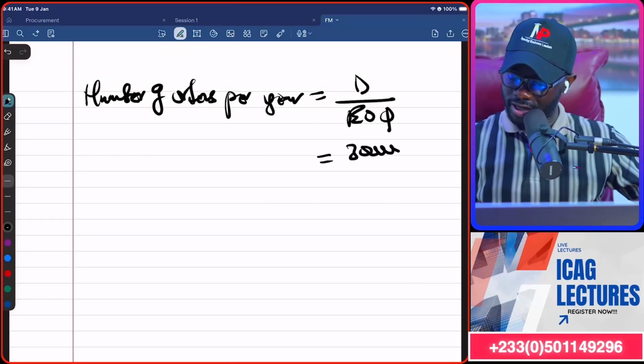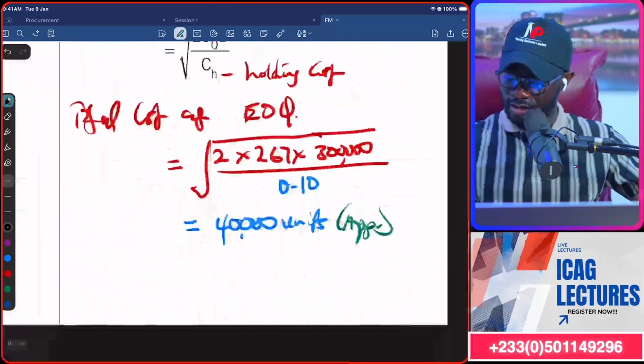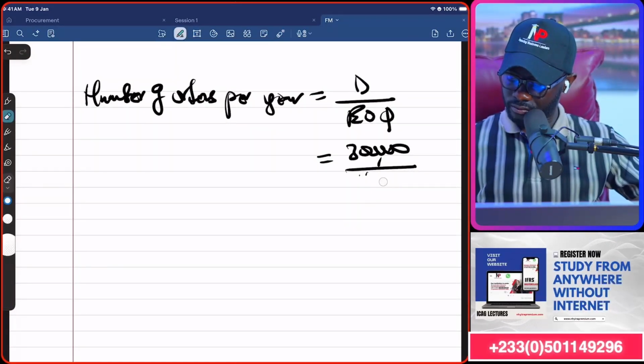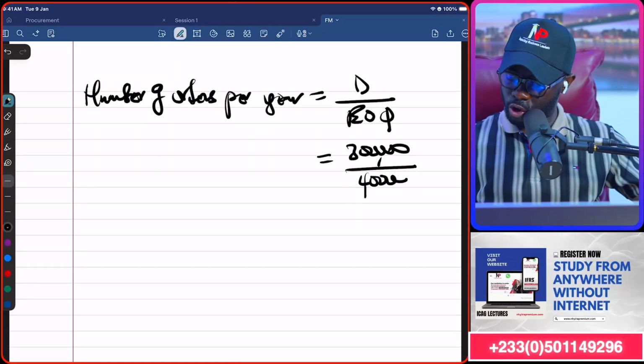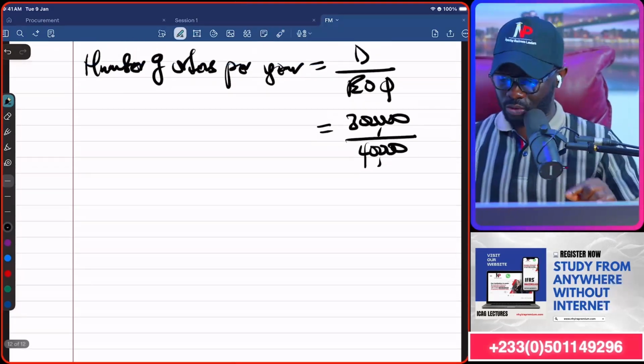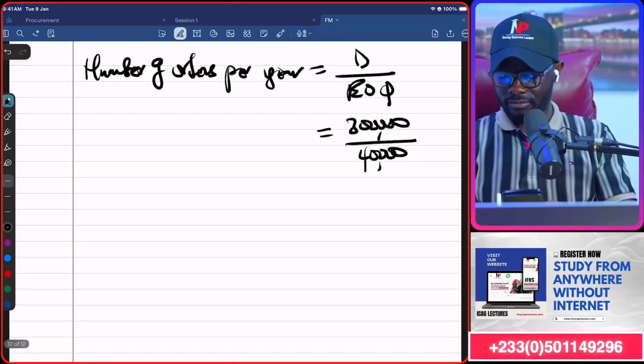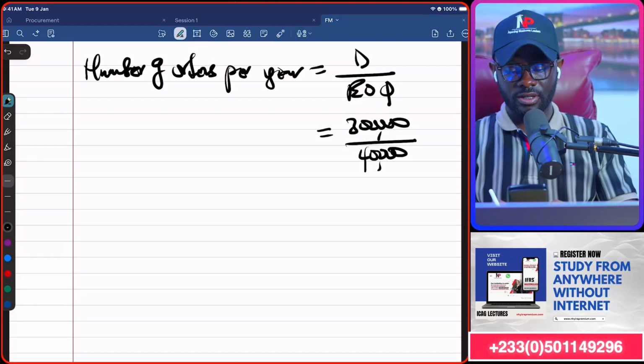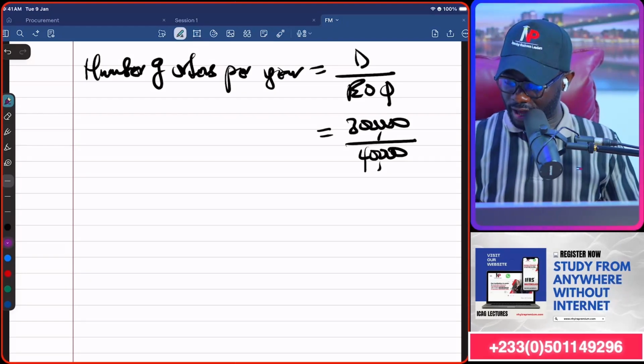And our annual demand is 300,000. Economic order quantity, the 40,000. So what will be the number of orders we will make within a year? 300,000 divided by 40,000, and that is 7.5 orders.